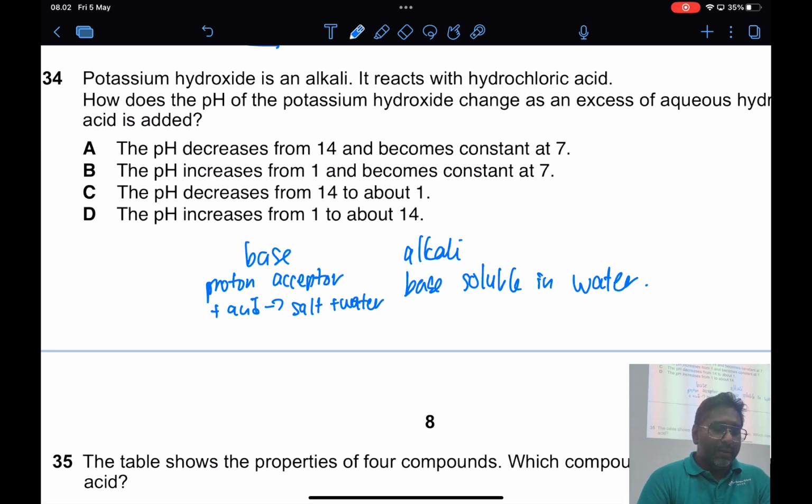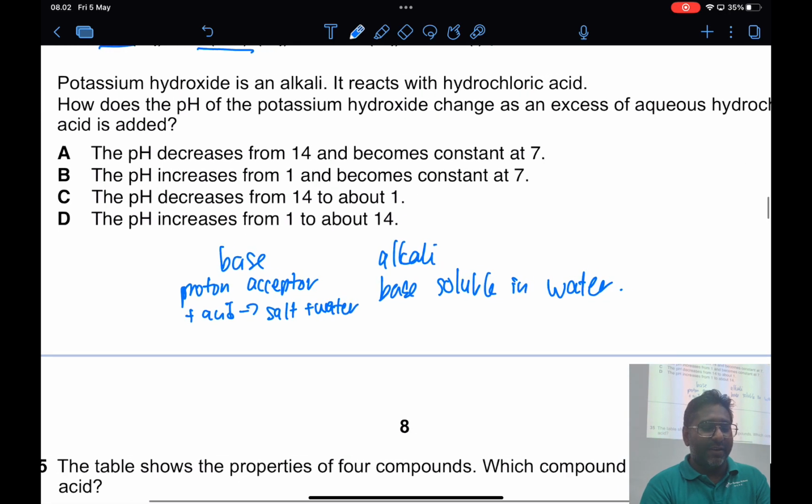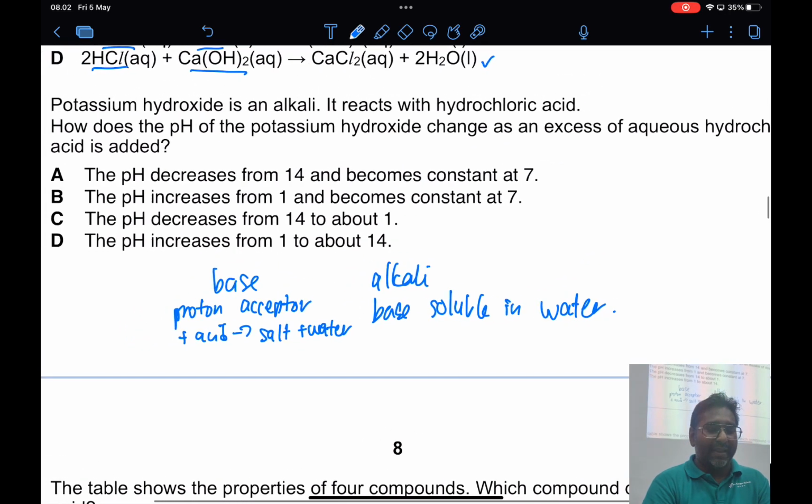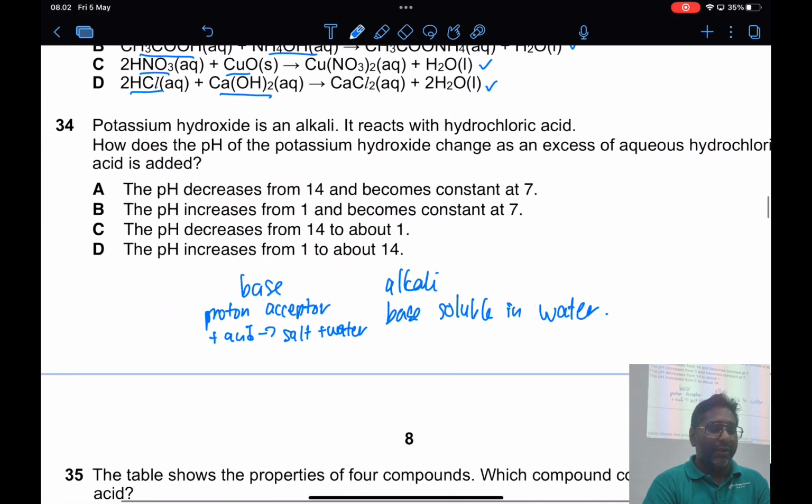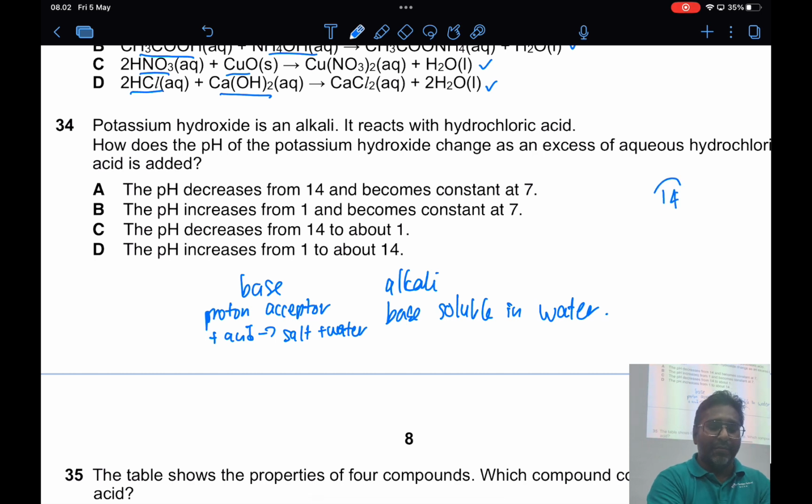Now, how does the pH of potassium hydroxide change when excess aqueous hydrochloric acid is added? Potassium hydroxide is an alkali, so the pH should be more than 7. Let's say the pH of potassium hydroxide was 14 in the beginning.